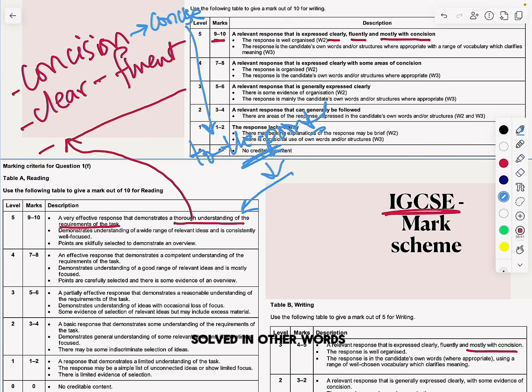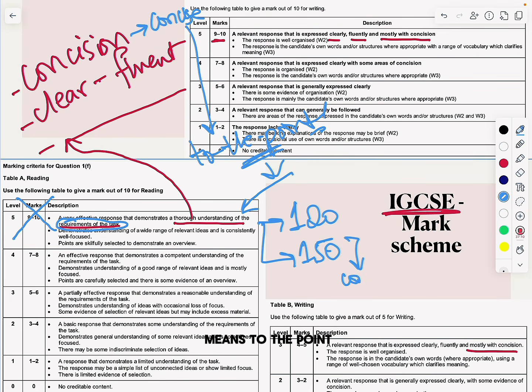In other words, if I'm writing above the word limit, I am not adhering to the requirements of the task, because the requirements of the task were either 120 words for IG or 150 words. So if I am not adhering to the requirements of the task, it means I'm not in level 5 anymore. And if I'm going above the word limit, am I being concise now?